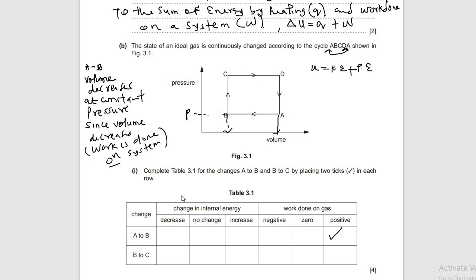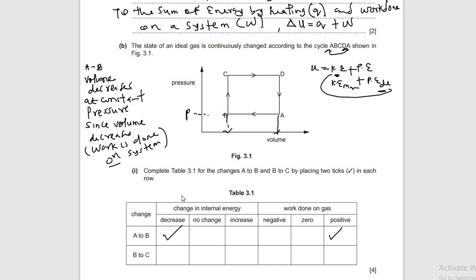Since volume is decreasing at constant pressure, which means constant temperature, kinetic energy will be minimum or zero. At the same time, since volume is decreasing, the spaces are also decreasing, so potential energy is also decreasing. So internal energy is also decreasing.